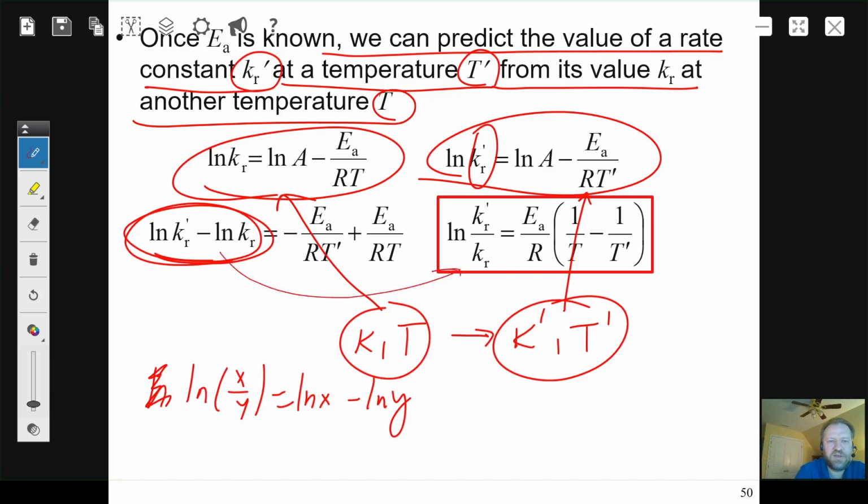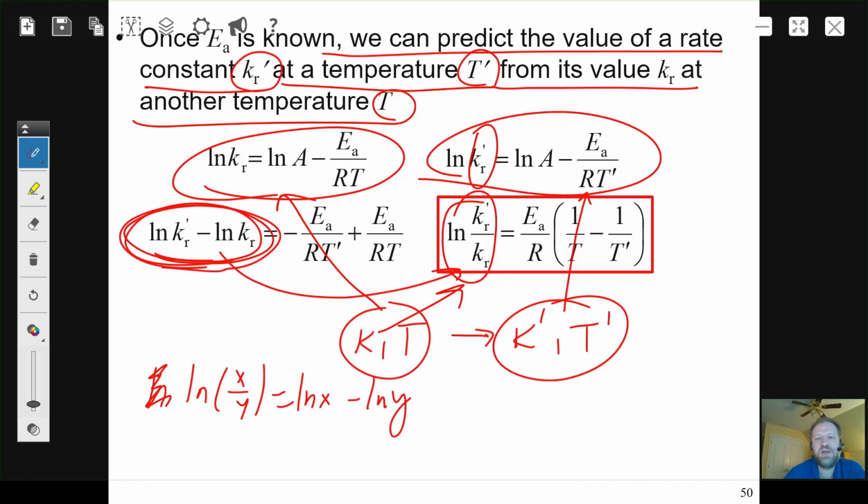Now we can combine these two terms into a single term, which gives us the natural log of the ratio of the two rate constants, where the new rate constant K prime at temperature T prime is the numerator and the rate constant K at temperature T is in the denominator.